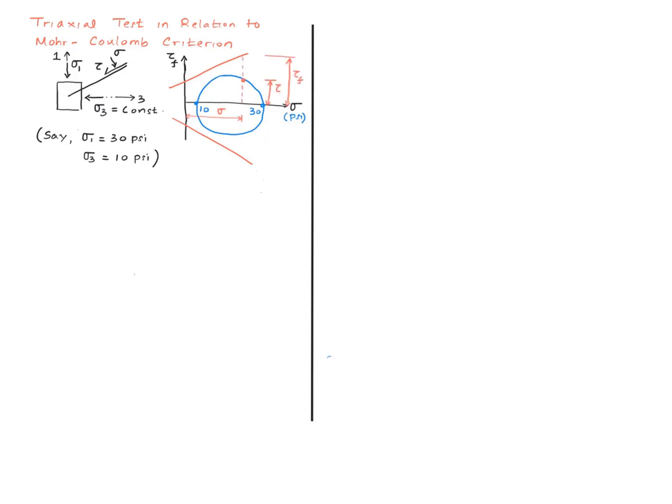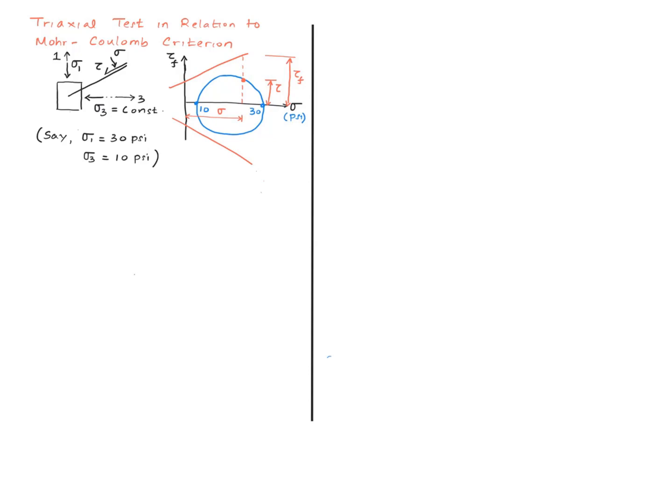The Mohr-circle principle also tells us that every point on this Mohr-circle represents a plane, right? So if I take this point right here, that represents a plane. The shear stress on that plane is this. The normal stress on that plane is that. But for that normal stress, the failure criterion tells me that the shear stress should exceed this value. That's the failure shear stress, right?